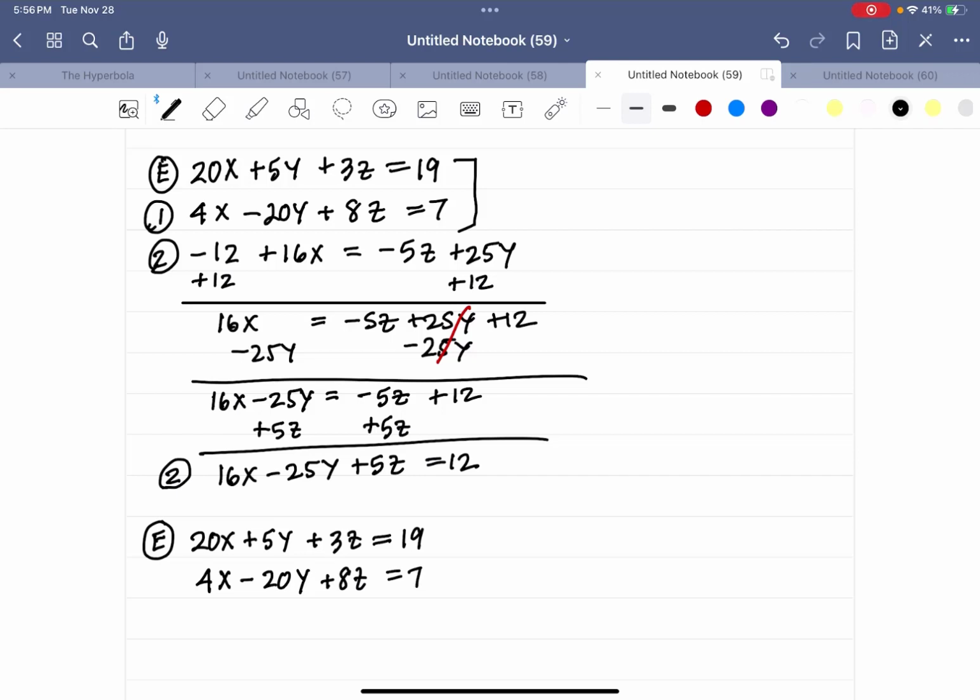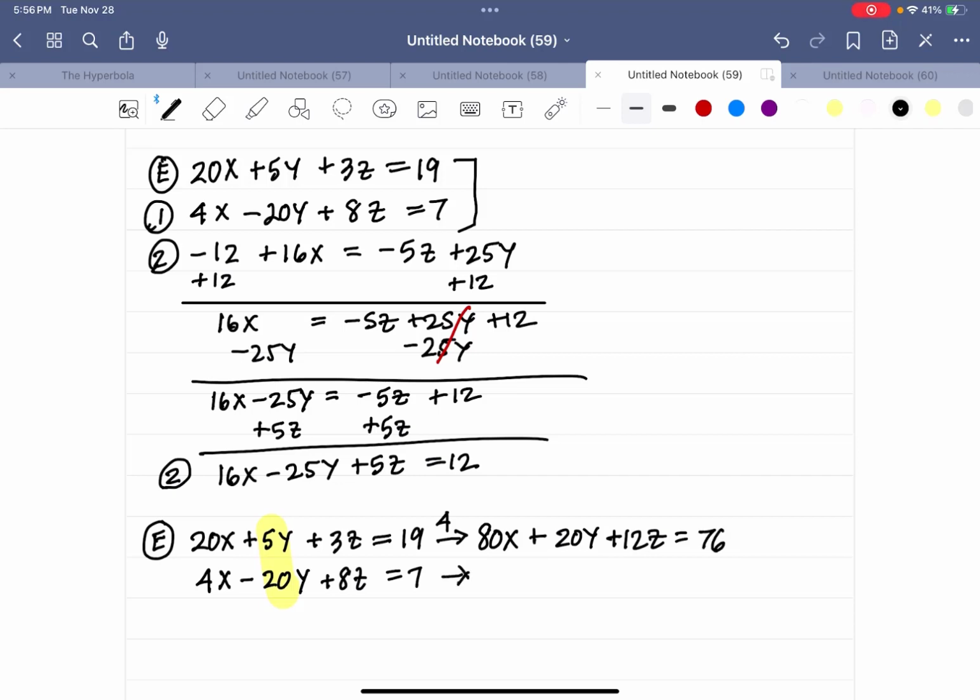And I think I'm going to eliminate the y's. So I need to multiply the top one by 4: 80x plus 20y plus 12z is 19 times 4, which is 76.